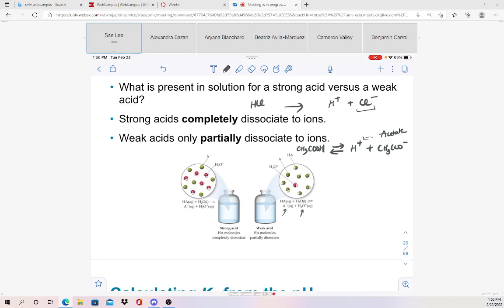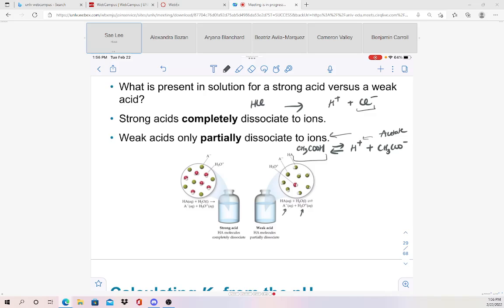Because they're unstable, they want to steal the proton from the hydronium ion or proton and go back to the original acid form. So the reverse reaction is likely to happen, and most of the time it's going to stay in this original acetic acid form.